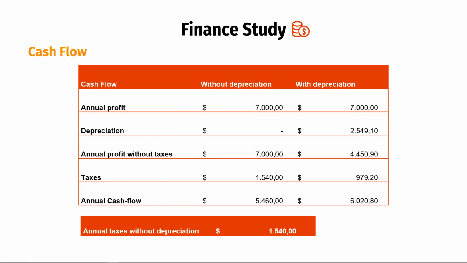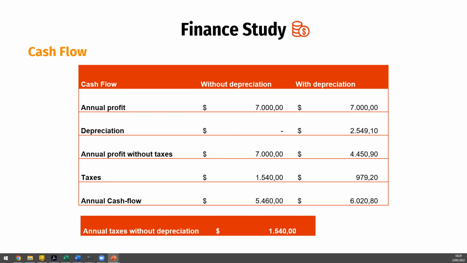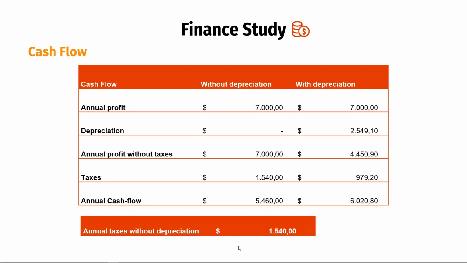And for the annual cash flow without depreciation, we subtract the taxes from the annual profit. Something similar occurs with the depreciation, only subtracting the depreciation that we obtain with the formula, obtaining an annual cash flow with depreciation of $6,020.80. The next.